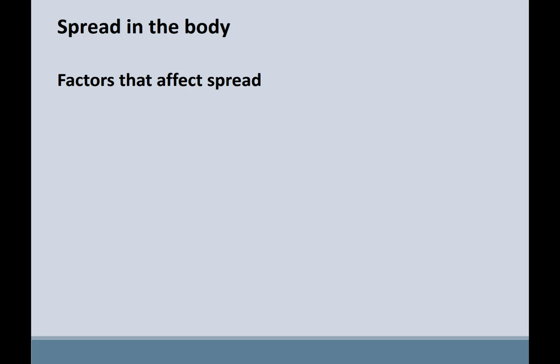Factors that are going to affect the spread. So when I'm talking about spread, again, I'm talking about them moving throughout the body and replicating, making more pathogens. A couple key components are what the microbes produce.